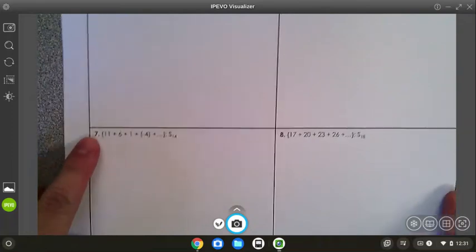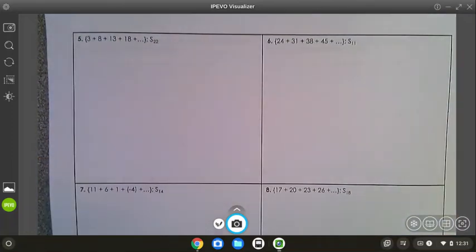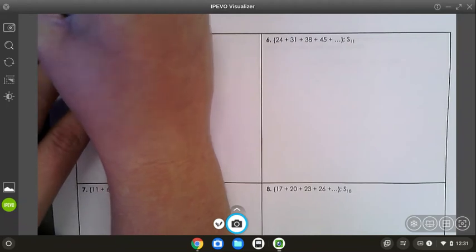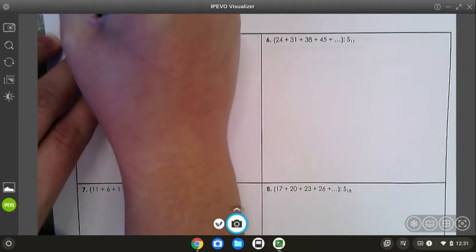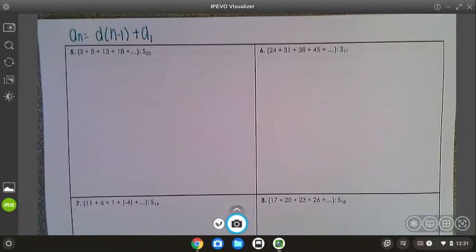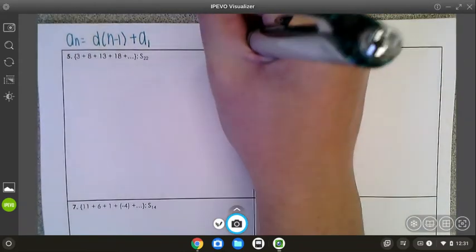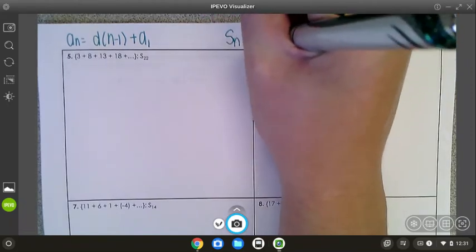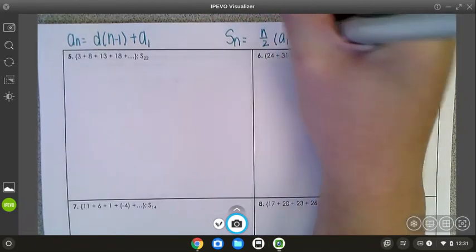Let's do some more examples. So I'm going to write the two big formulas for you there. So remember An is d times n minus 1 plus A1. And then the sum, n over 2, A1 plus An.